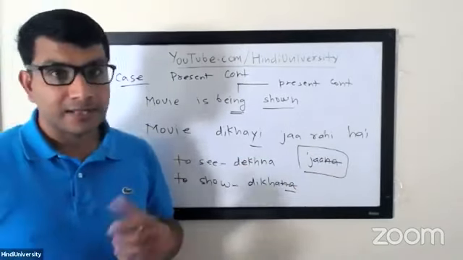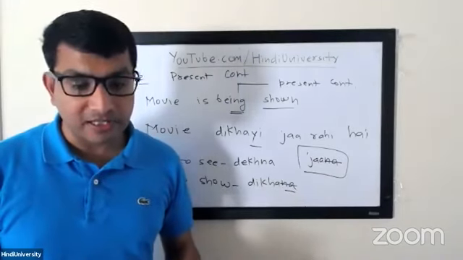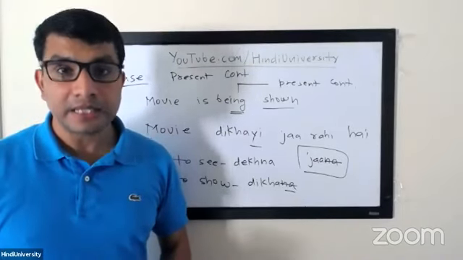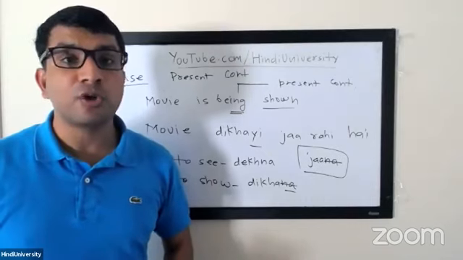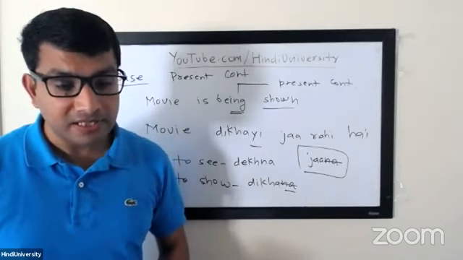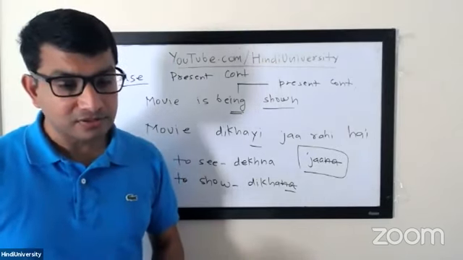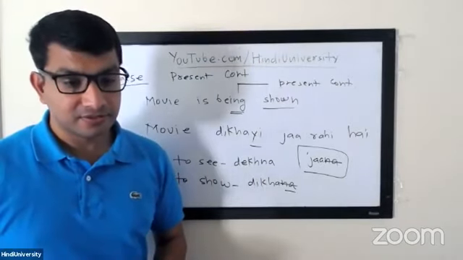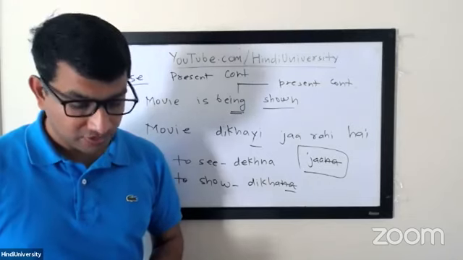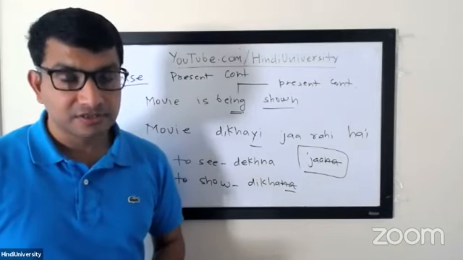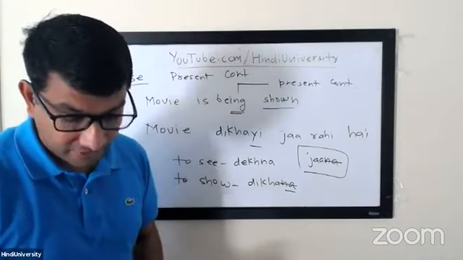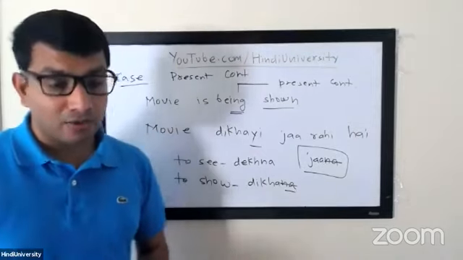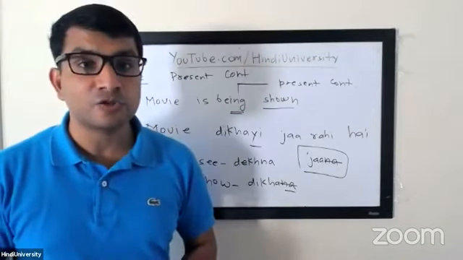Same thing if I were to ask you someone like cricket is being played here, or football is being played, how will I say that? Kinga, you want to try it out? Football is being played. Football खेला जा रहा है. Very good, right? Now, Yirka, how will I say Hindi is being spoken?